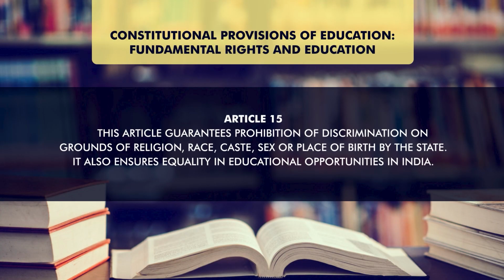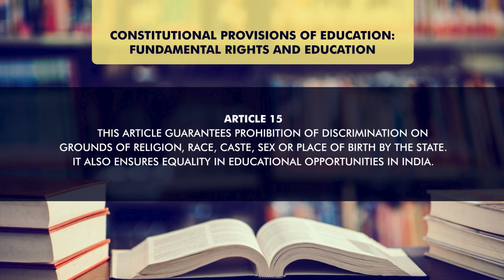Article 15 guarantees prohibition of discrimination on grounds of religion, race, caste, sex or place of birth by the state. It also ensures equality in educational opportunities in India. Try to understand. Here also certain aspects of our society may be related to religion, race, caste, sex and place of birth.